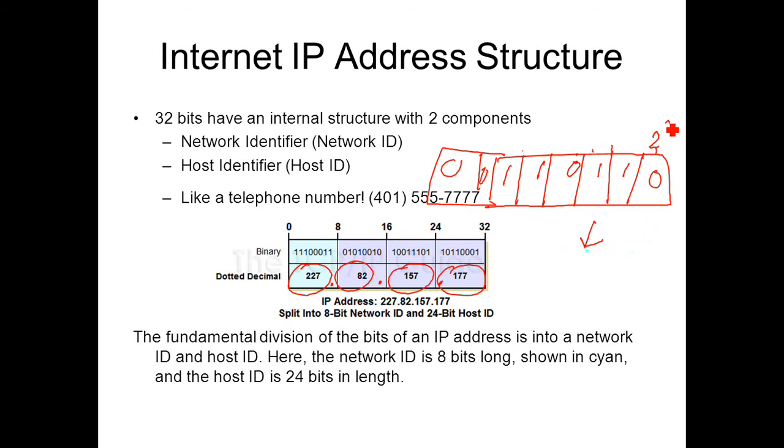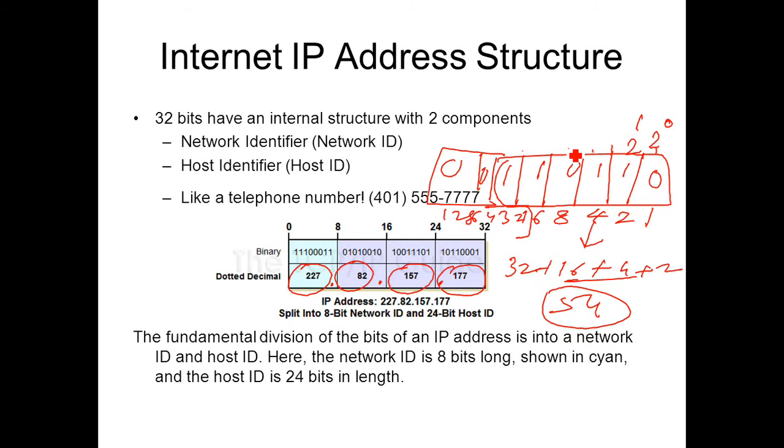This value is 2 to the power 0, nothing but 1. This is 2 to the power 1, 2, this is 4, this is 8, this is 16, this is 32, this is 64, and this is 128. So if you convert this, you add the corresponding numbers. For example, 32 plus 16 plus 4 plus 2: 32 plus 16 is 48, 52, 54. So this binary number converted into decimal is 54.